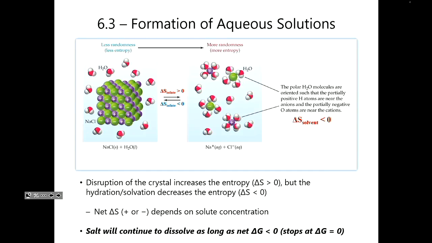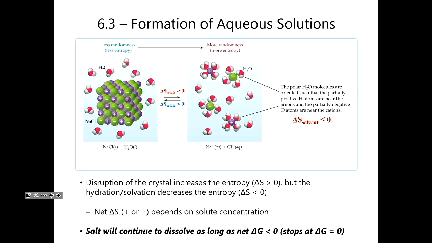The negative pieces of the ion are touching or interacting with the positive parts of the water. The delta plus is on the hydrogens. So highly organized. So the delta S of the solvent becomes negative. So then the sum of those two, however much the solute becomes disordered, but however more the solvent becomes ordered, that leads to the net delta S of the solution process.